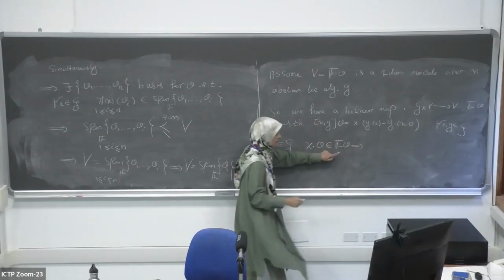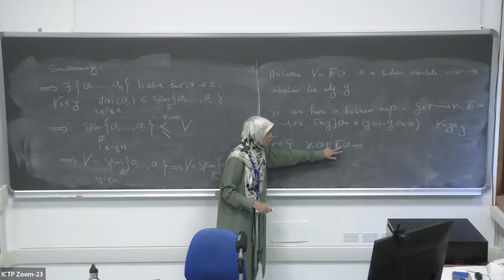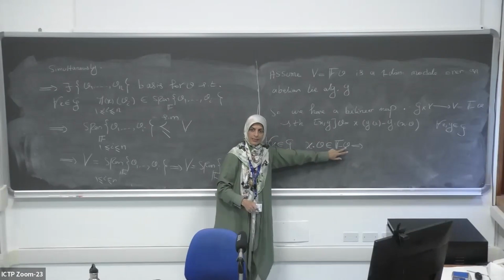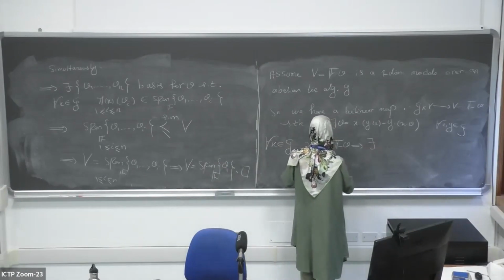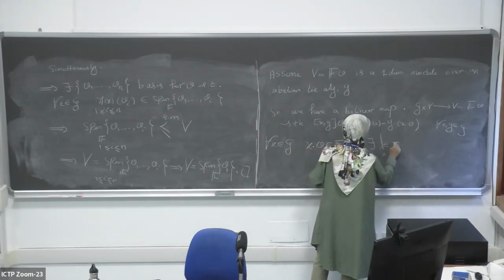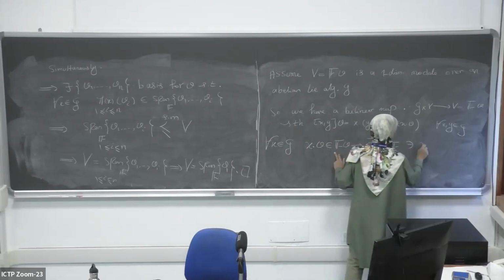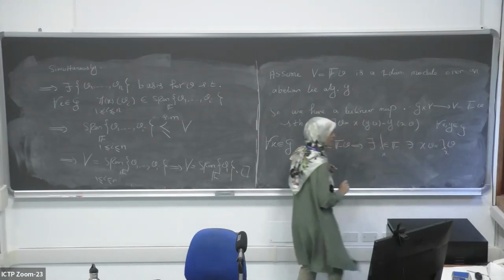So there is a scalar here such that xv is the product of that scalar and v. And this scalar depends on x, so I denote it by lambda x. xv is lambda x v. Right?